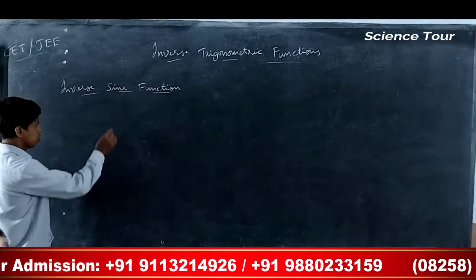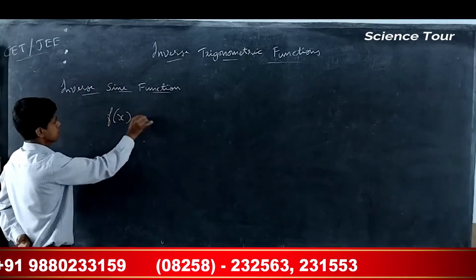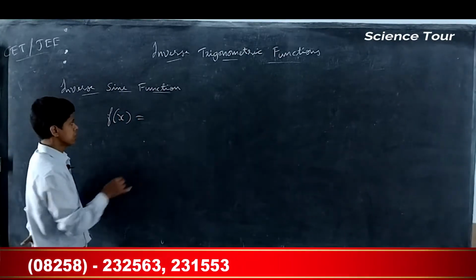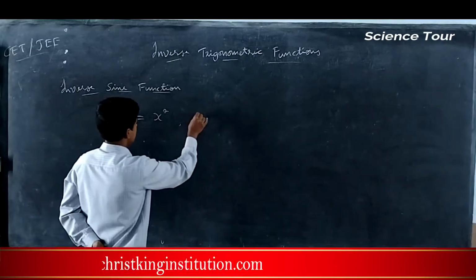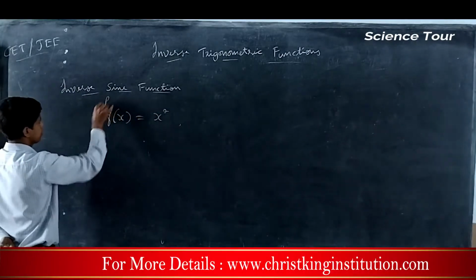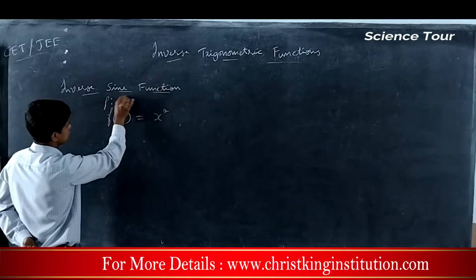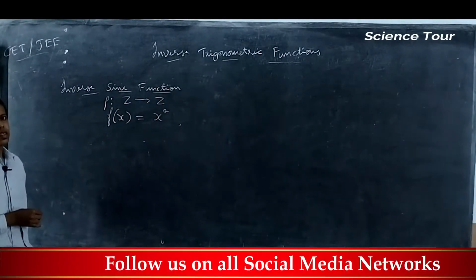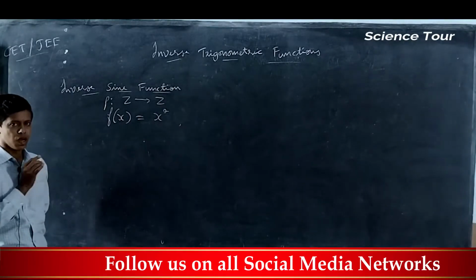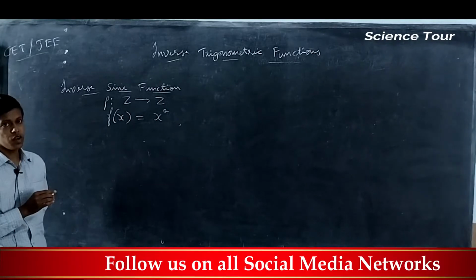First of all, you have a function, let us say f of x is equal to x square, defined on Z to Z. My question is, is it invertible? Can you find the inverse of this function?